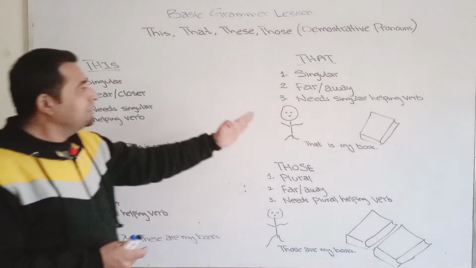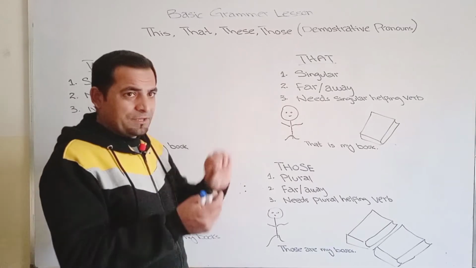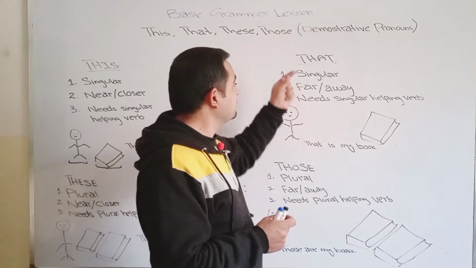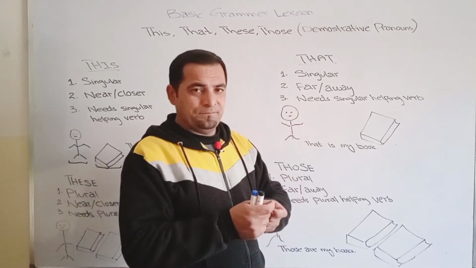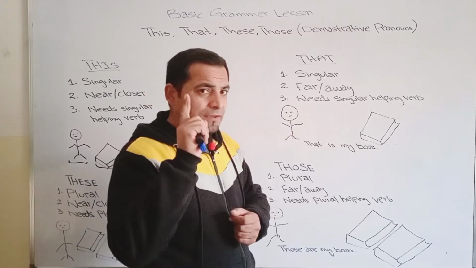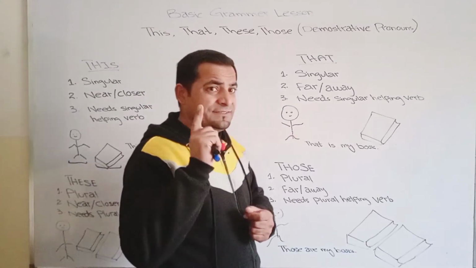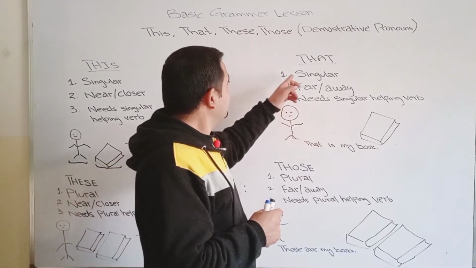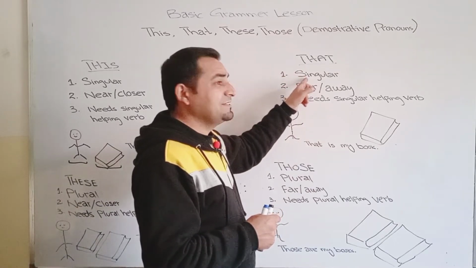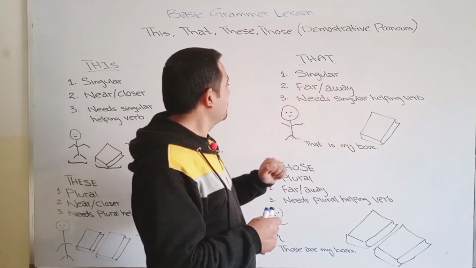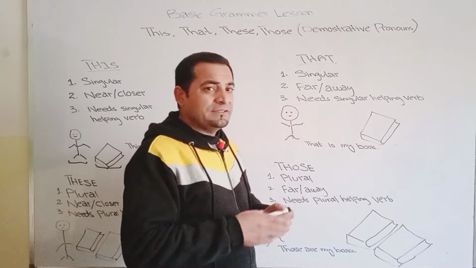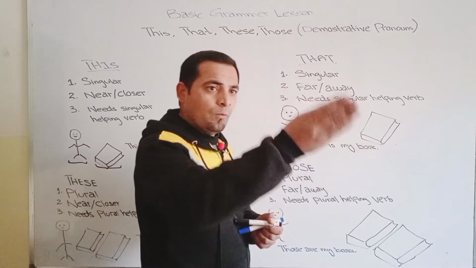Now, moving to that. That is also used to refer to an object, a thing, or a person when it exists in the singular form, right? So we also use that to refer to anything that is singular. And we use that to refer to something that is far or away from us.